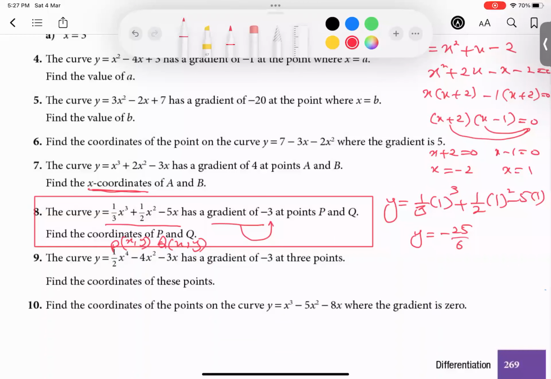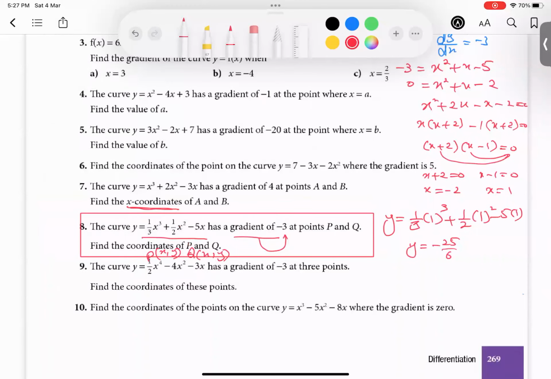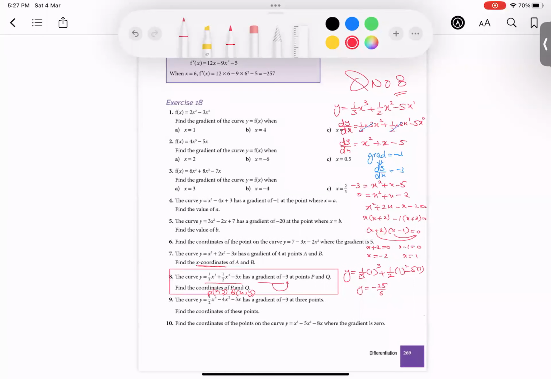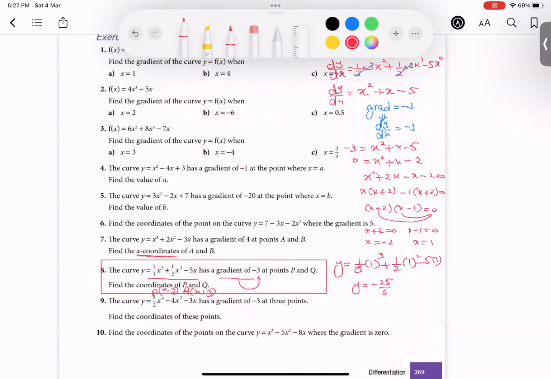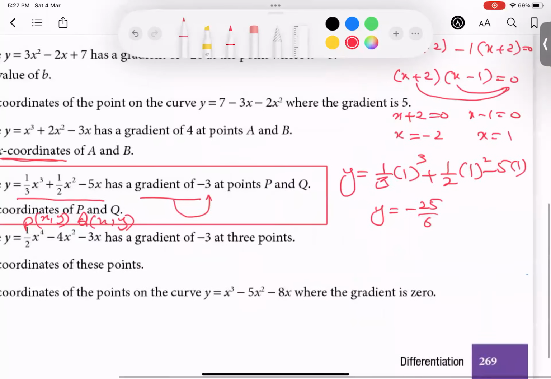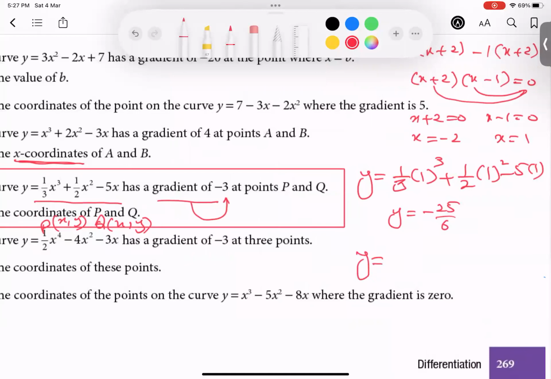I think I took a wrong coordinate. I think it's correct. Let me recheck. Yeah, correct. I thought maybe I took the wrong numbers. Now, with the same approach, I will go for y, and this time I'm saving my time. I plug -2 into the whole equation.